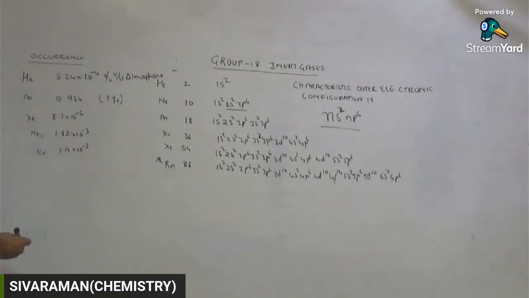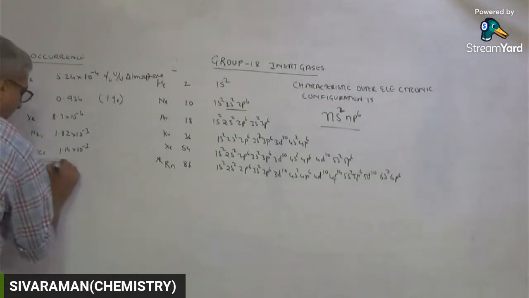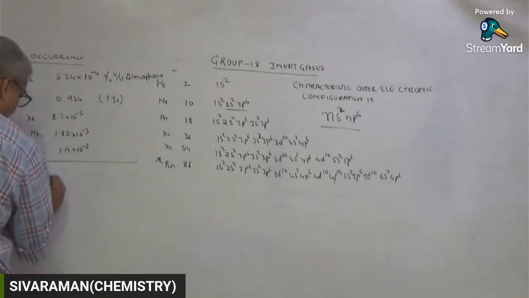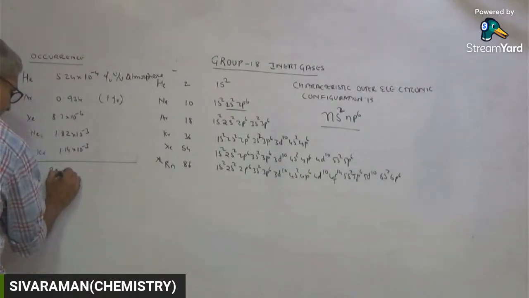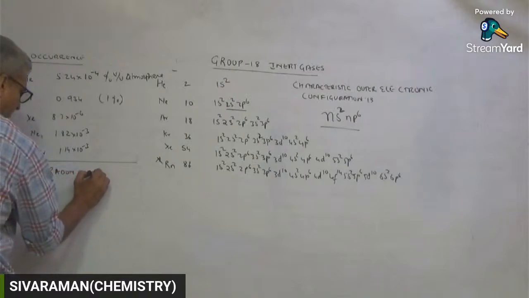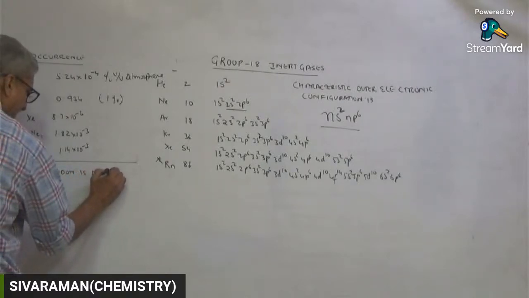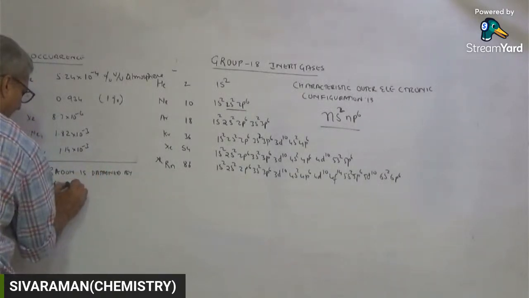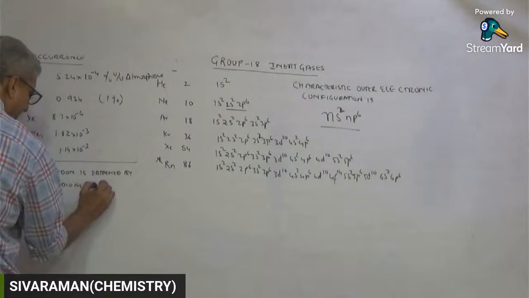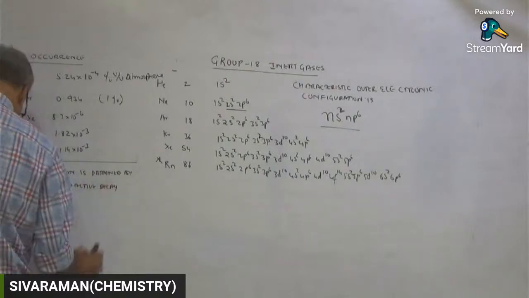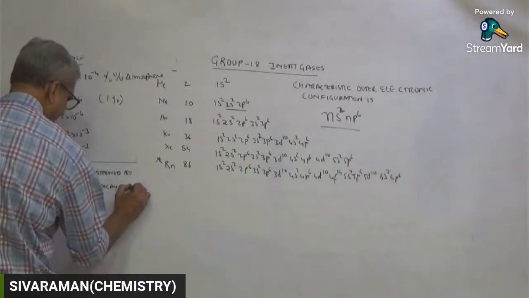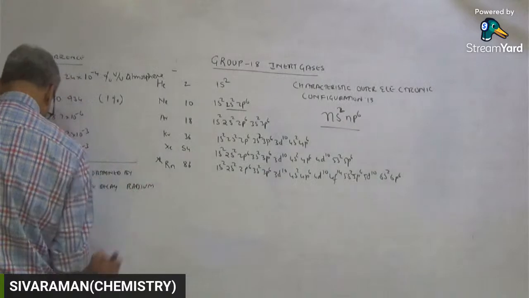Now about radon. This is one thing you have to remember. What is the source of radon? Radon is obtained by radioactive decay of radium and thorium.